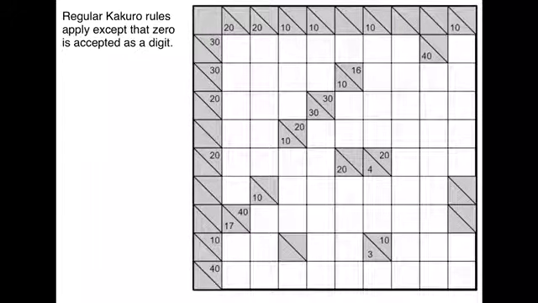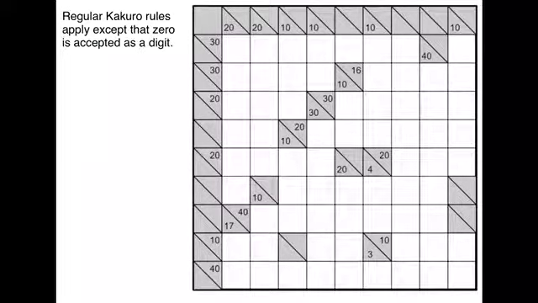Usually in a regular Kakuro puzzle, those 9 digits being different would be all digits from 1 to 9. Therefore, the sum would be 45. But in Zero Kakuro, there's this special rule that 0 is accepted as a digit.